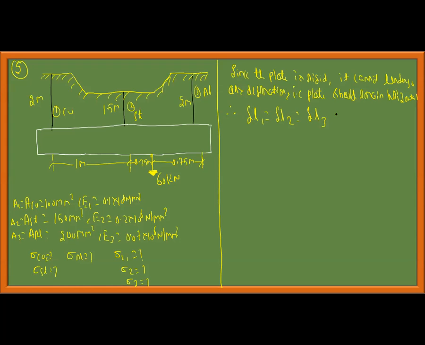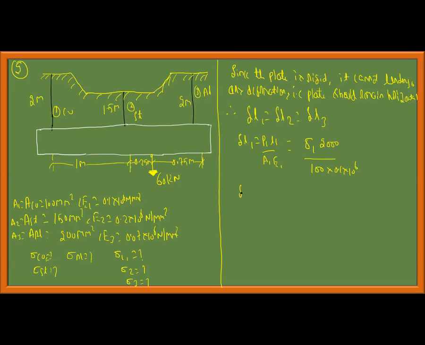Let me write deformation in 1, that is copper: delta L1 equals P1 L1 by A1 E1, which is sigma 1 times L1, 2000 mm, by E1, 0.1 into 10 power 6.